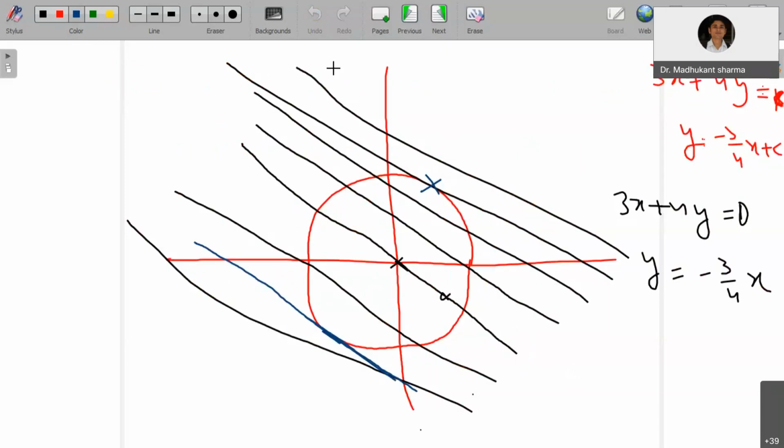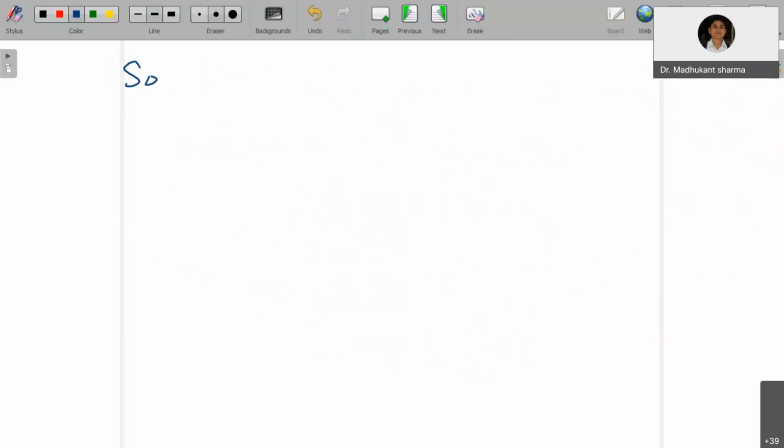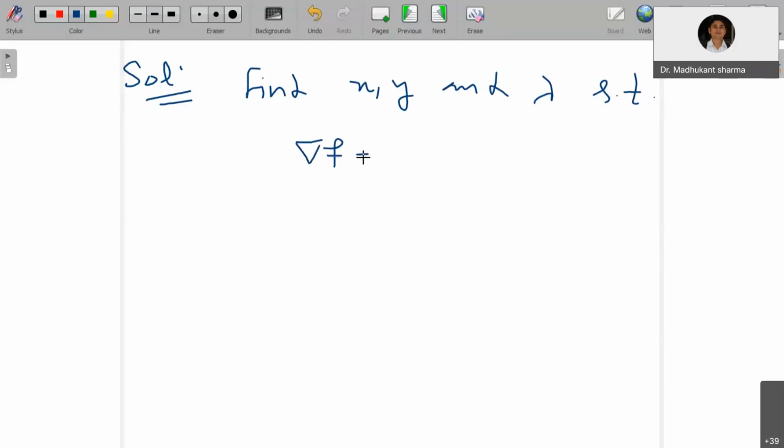The method of Lagrange multiplier is, I'm just writing directly: find x, y and lambda such that grad f equals lambda times grad g, and g equals 0.